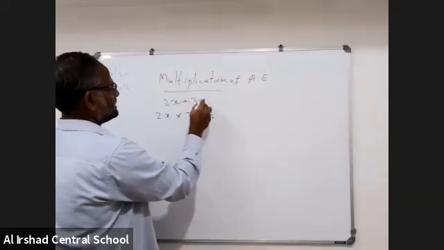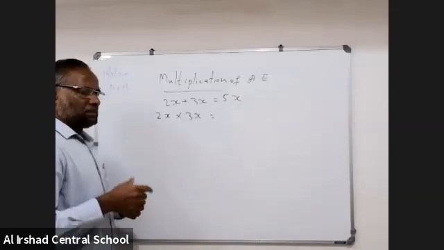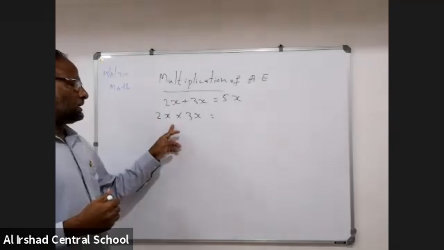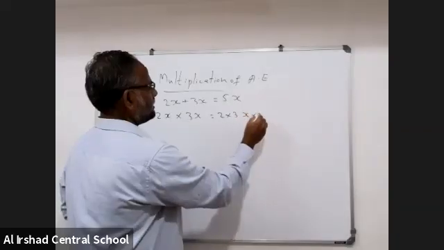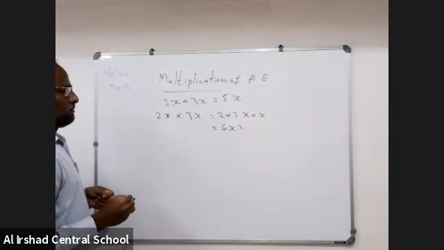Very good. You see, before that 2x plus 3x, that means 5x, we studied. 2 mangoes plus 3 mangoes, 5 mangoes. But here multiplication, 2x into 3x, that means 2 threes are 6, into x, that means 6x square.